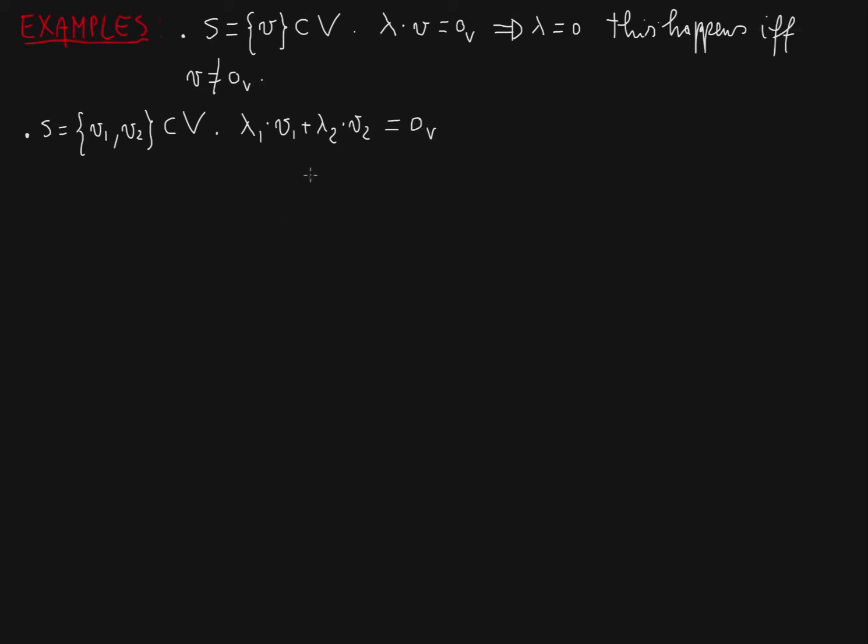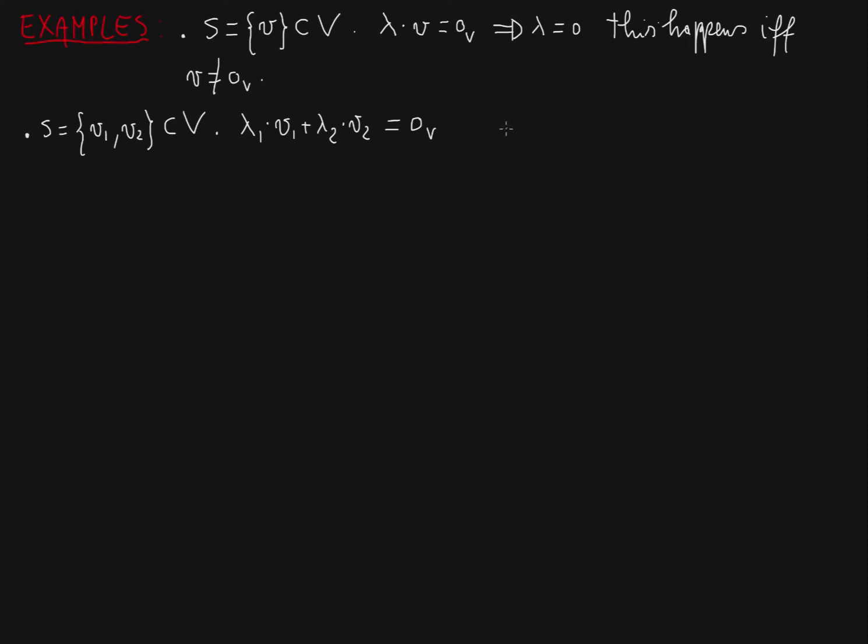To see when the set S is of linearly independent vectors, let's see when it is of linearly dependent vectors first. Therefore, we assume that there exists a linear combination as such for which one of the two coefficients, lambda 1 or lambda 2, is non-zero.